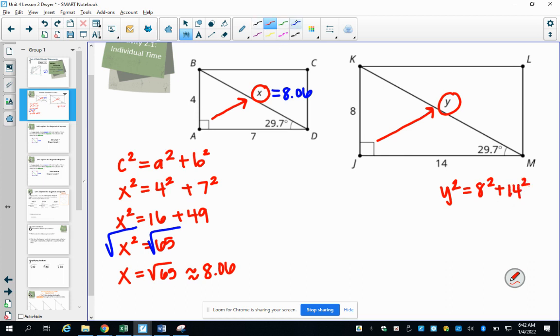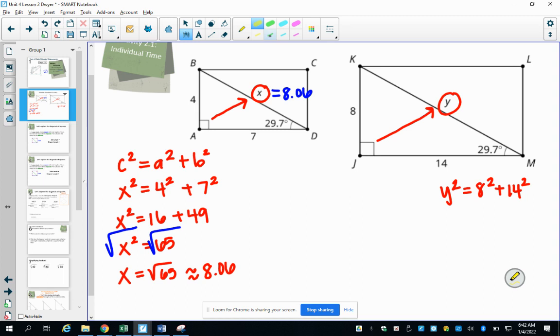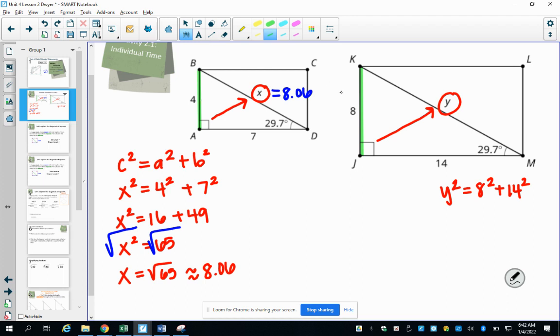If you would like to do scale factor, then you're comparing two similar sides here. So two corresponding sides. If I take a look here, I see that this one goes with this one. And then you would see that the factor that connects those, so how do you get 4 to 8 with multiplication, would be multiplying by 2.